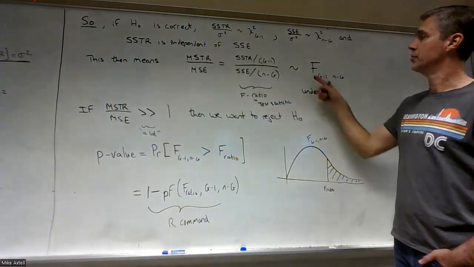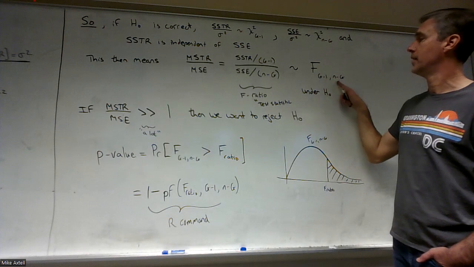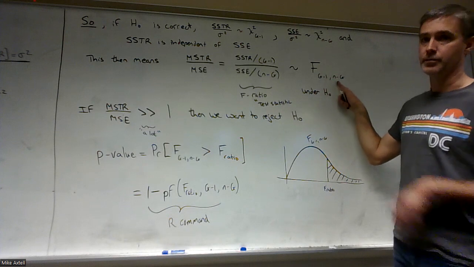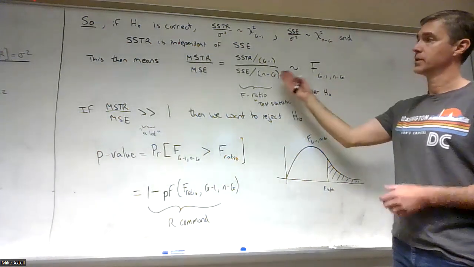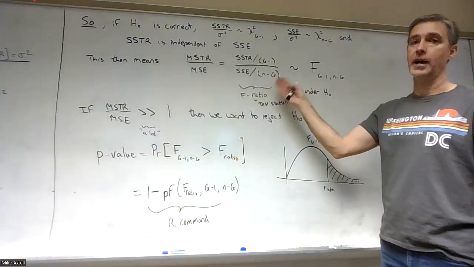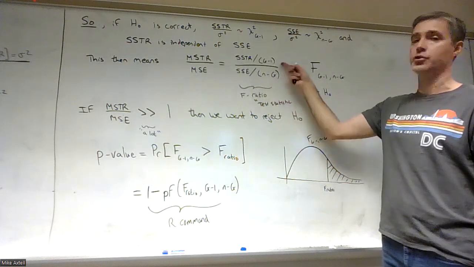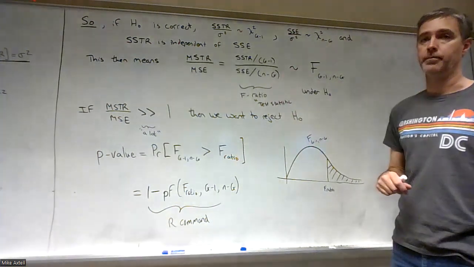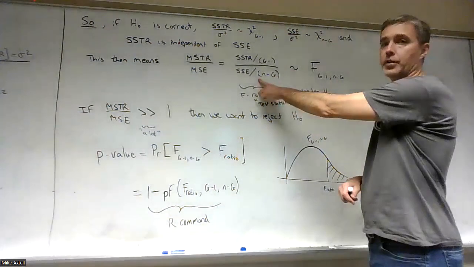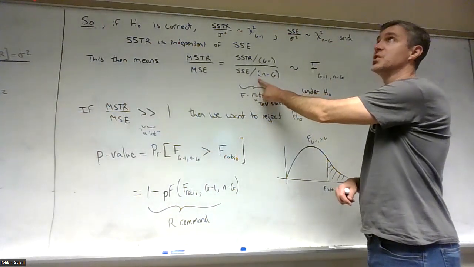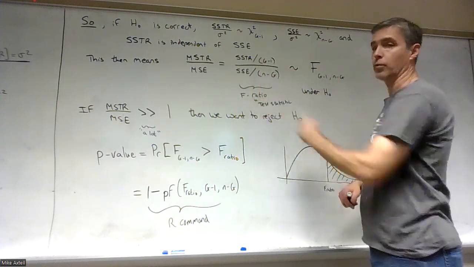And that's an F distribution with G minus 1 and N minus G degrees of freedom. So there are two measures of degrees of freedom for the F distribution because it's coming from a quotient of chi-square distributions, each of which could have different degrees of freedom. Okay? So this quantity is going to be our test statistic. We'll call it the F ratio.